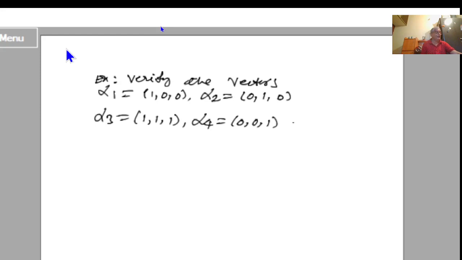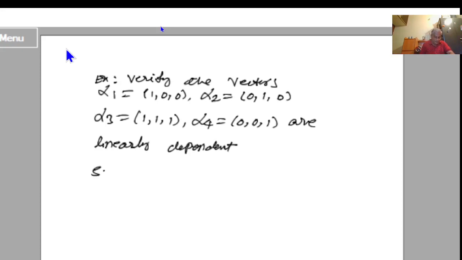Are they linearly dependent or linearly independent?